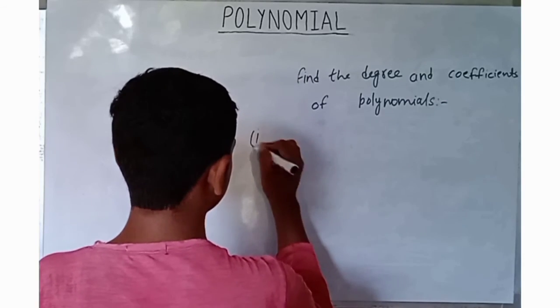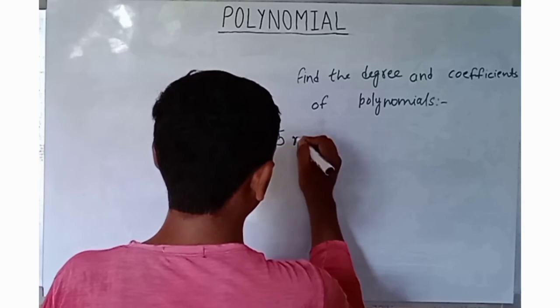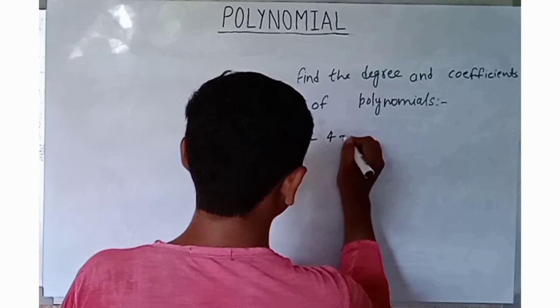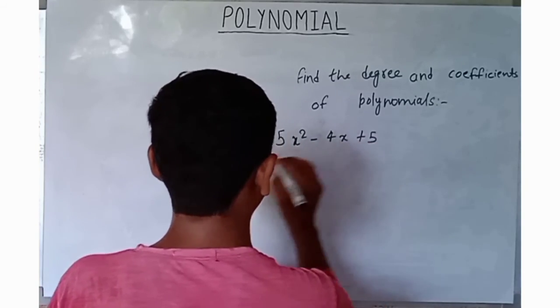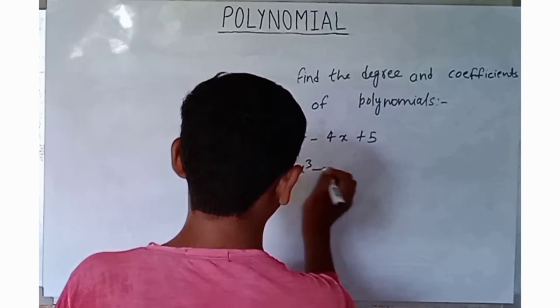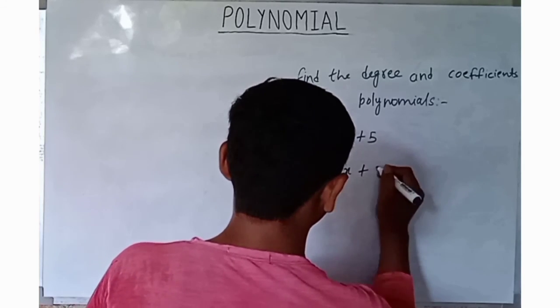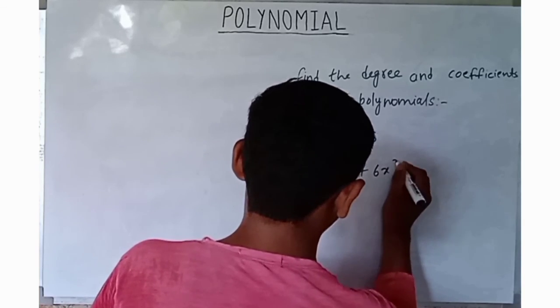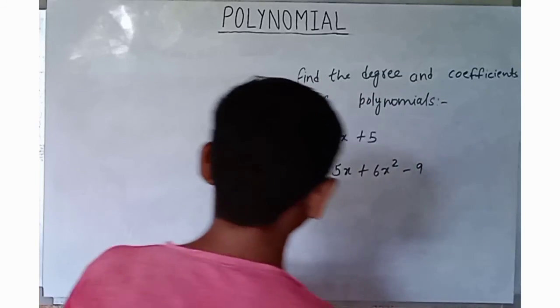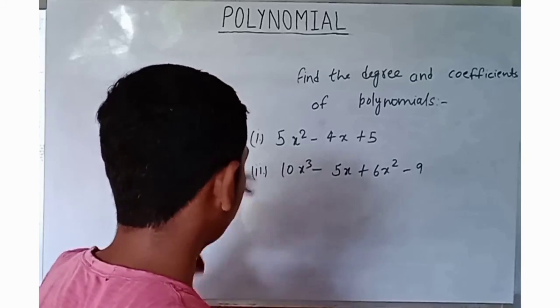The first is 5x square minus 4x plus 5. The second one is 10x cube minus 5x plus 6x square minus 9. You have to find the degree and coefficient of both polynomials.